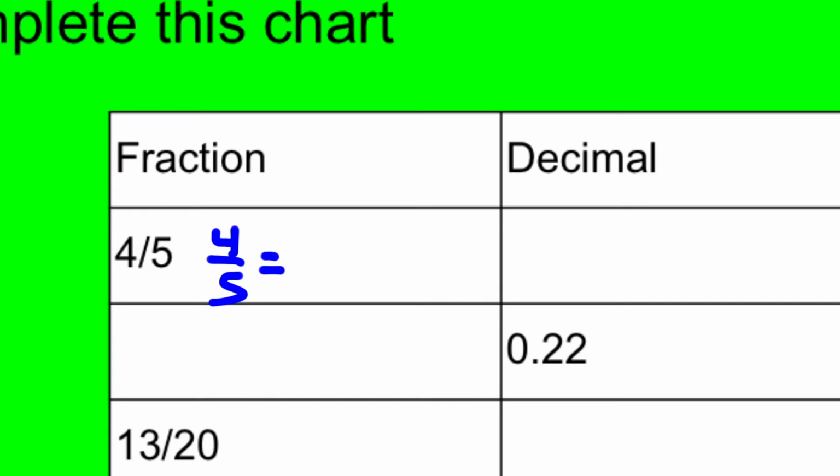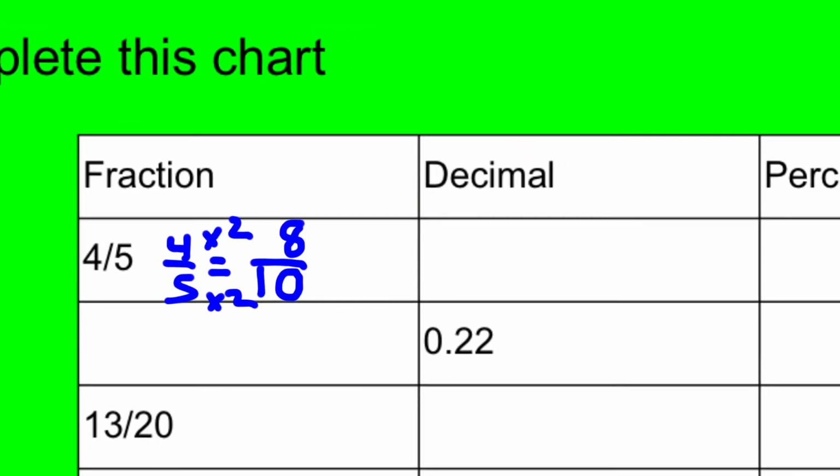To make this into a decimal, you could times by 2 to get 10. And times the top by 2 to get 8 out of 10. And since there's 1 zero now, there would be 1 decimal spot in which we would put an 8. And a 0 in front.